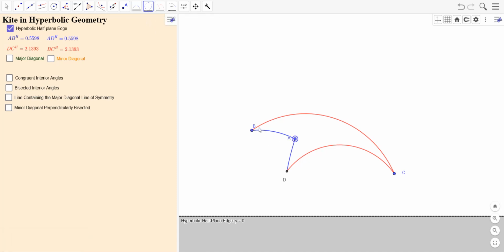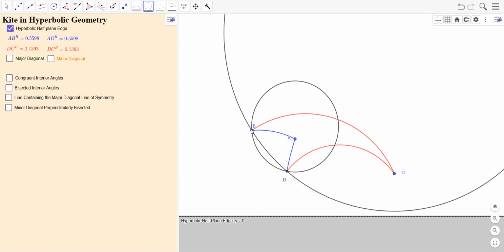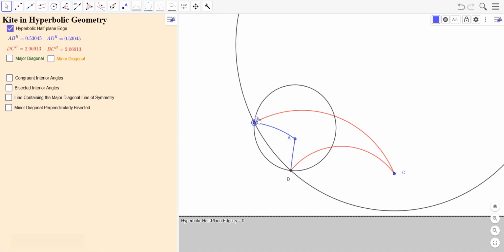We want to center it at A and go through B. We want to center it at C and go through B. Okay, and of course they intersect at B, but they also intersect at D as well.